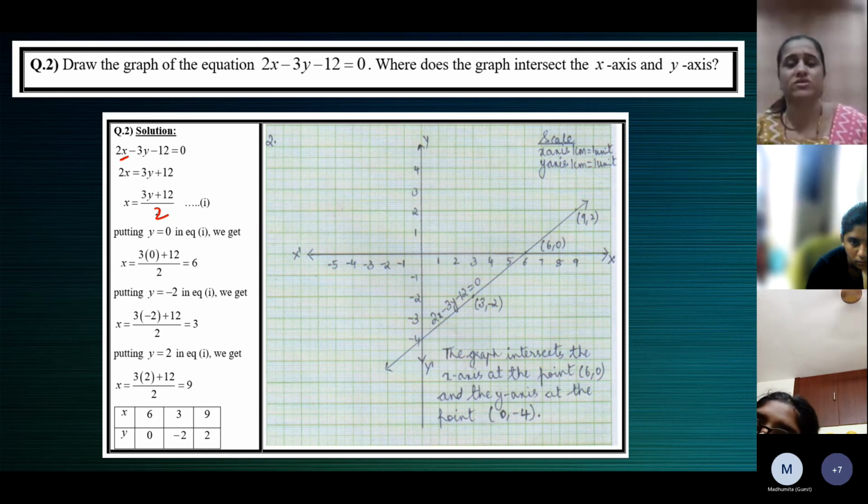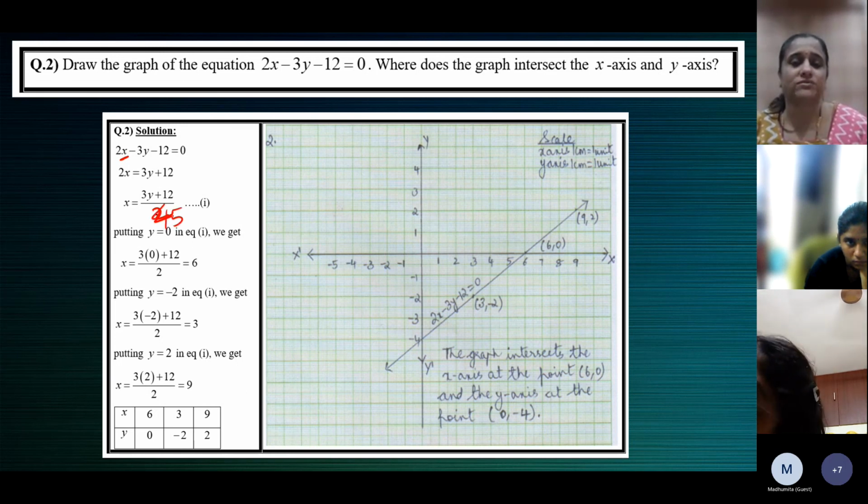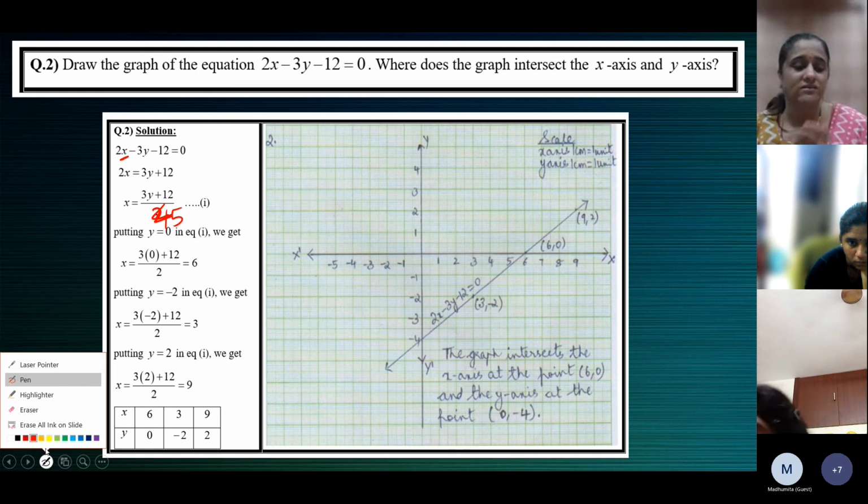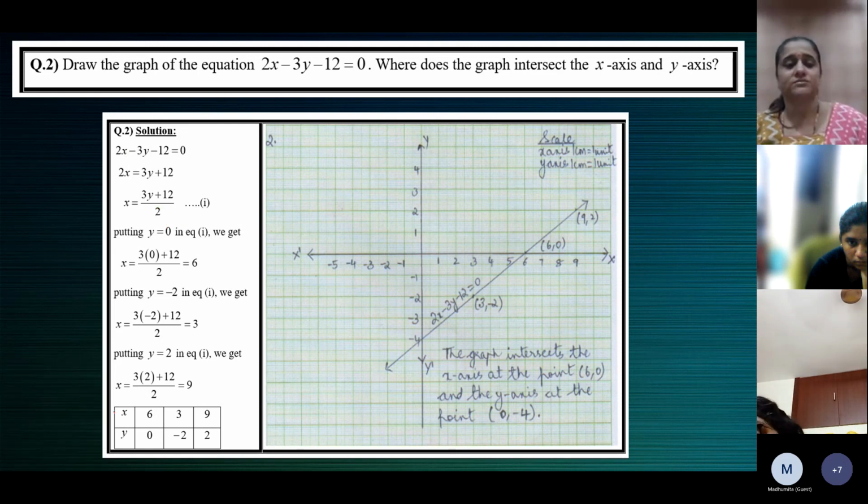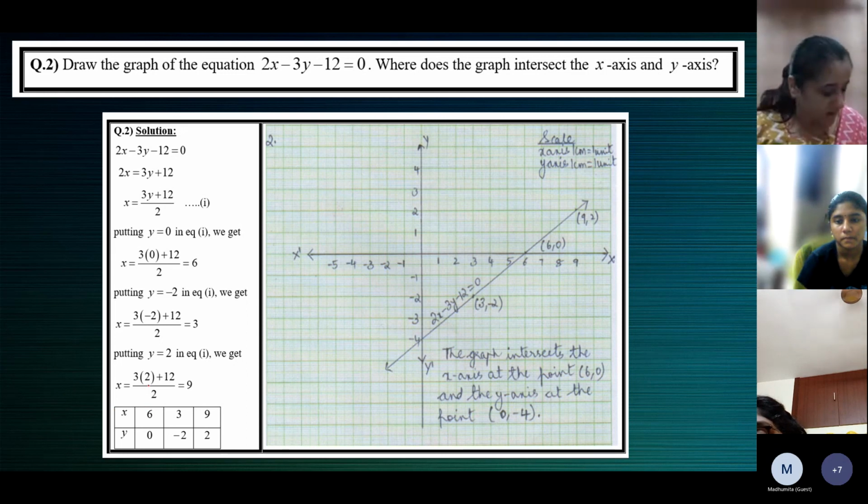So we take an approximate value. For that reason, we want the denominator to be 2 or 4 or 5, something like that, so that we'll get a terminating decimal. So this is how we make the graph, children.